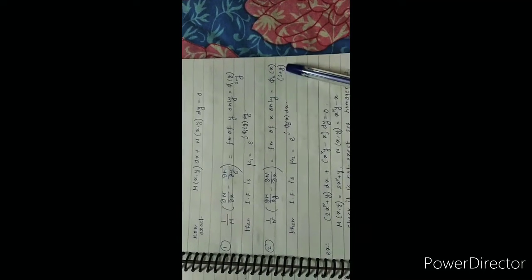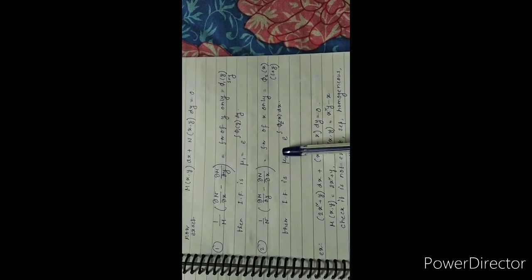For this we have given some examples. We can check that for this equation ∂M/∂y is 1 and ∂N/∂x is 2xy − 1, and if you calculate (1/N)(∂M/∂y − ∂N/∂x), this simplifies and you get −2/x. This is a function of x only, so this rule is applicable. Our integrating factor is e^(∫φ2(x) dx), which comes out to 1/x².